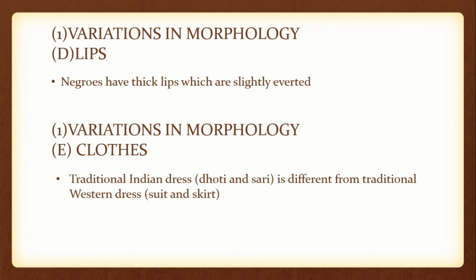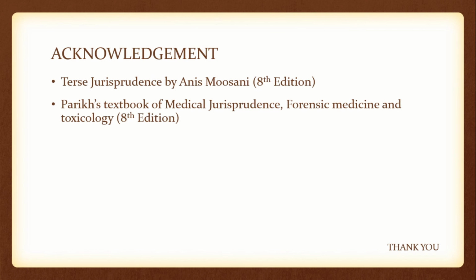So by studying variations in lips, and by studying variations in clothes, by observing them, you can help yourself in identification of the race of a living person. Okay, so we have covered the first aspect, the first method of identification of the race of a living person, that is by studying variations in morphological characteristics.